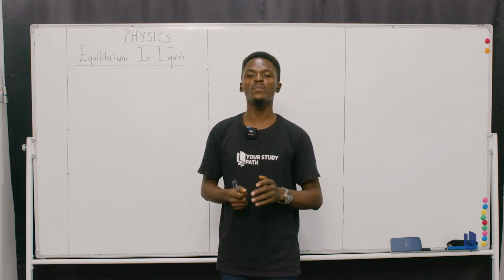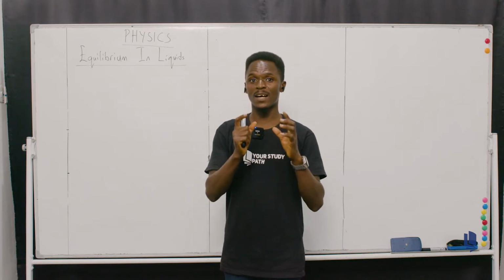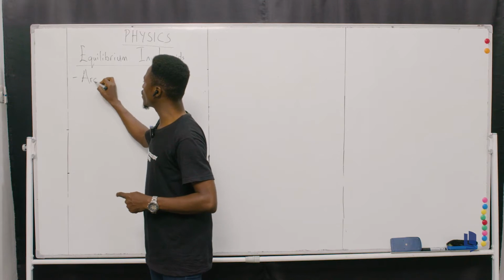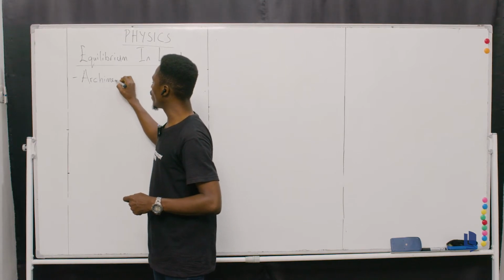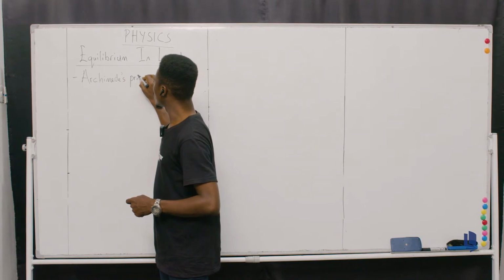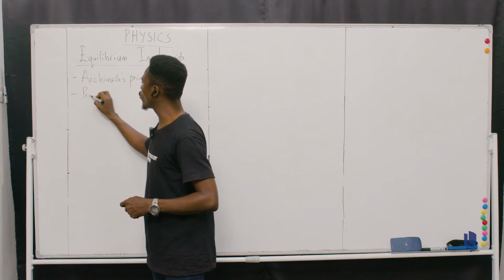But whenever you are making reference to equilibrium in liquids, we want to look at certain terms, which include Archimedes' principle. I'm sure you are familiar with this. We have the principle of flotation.